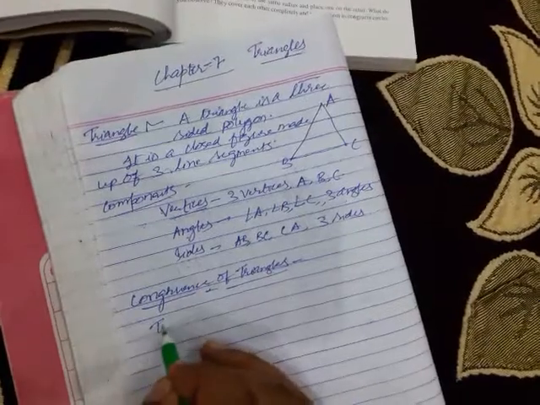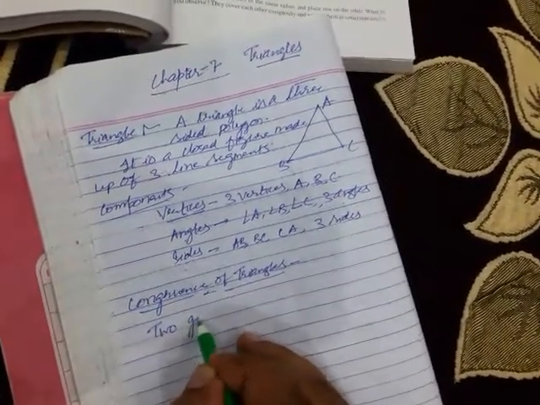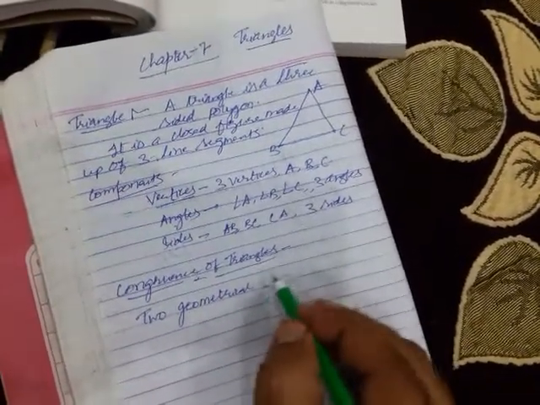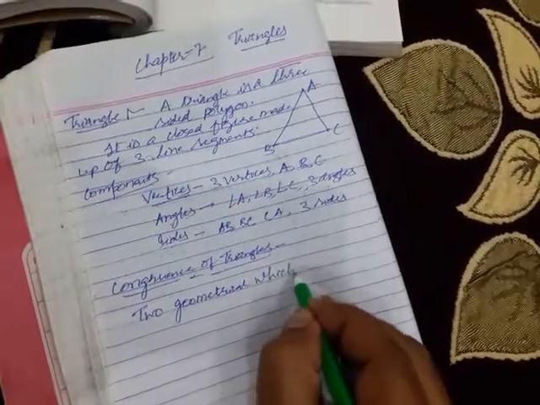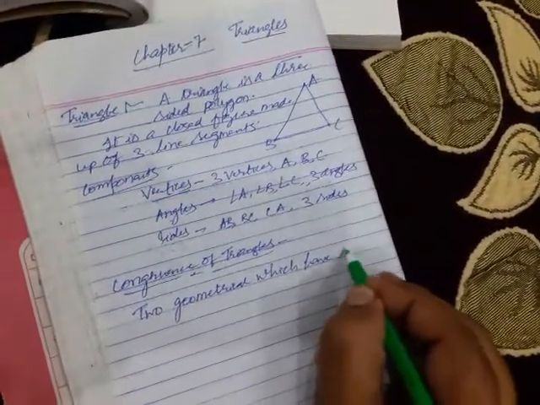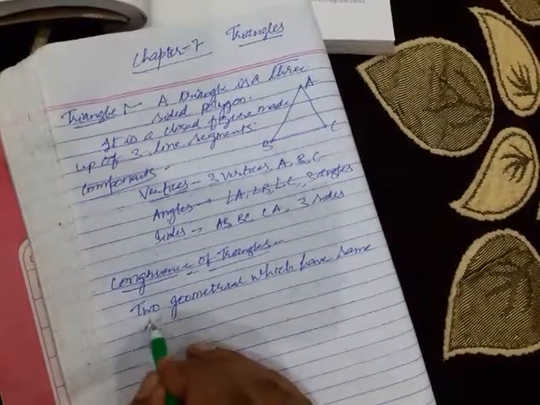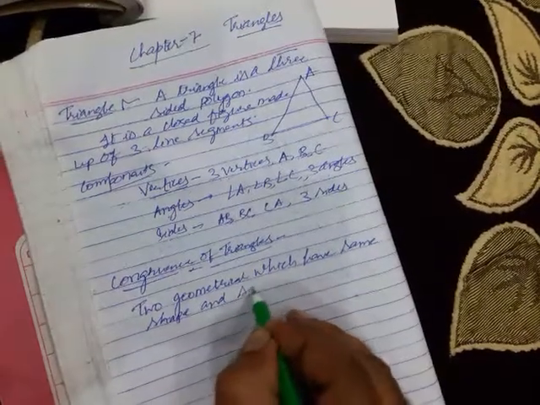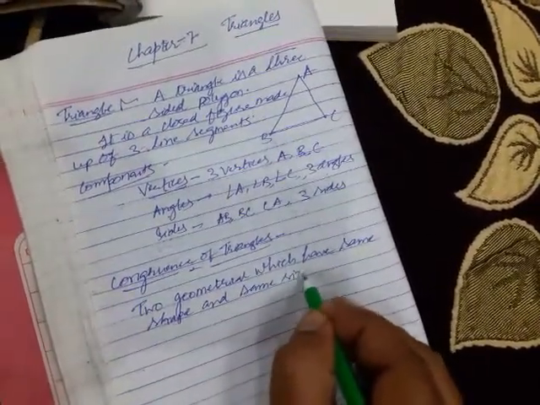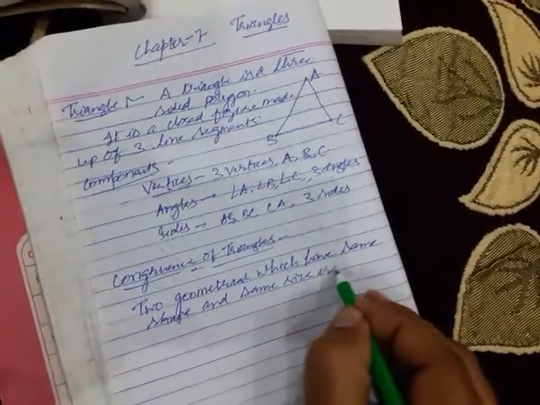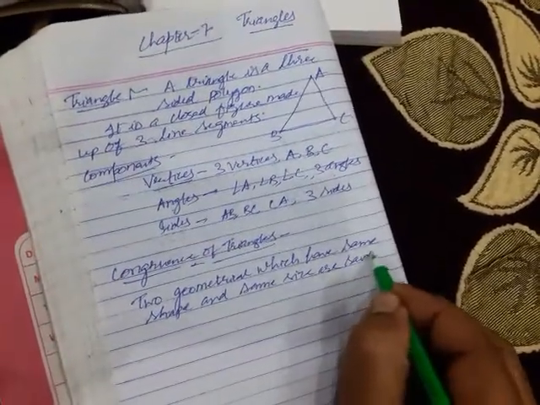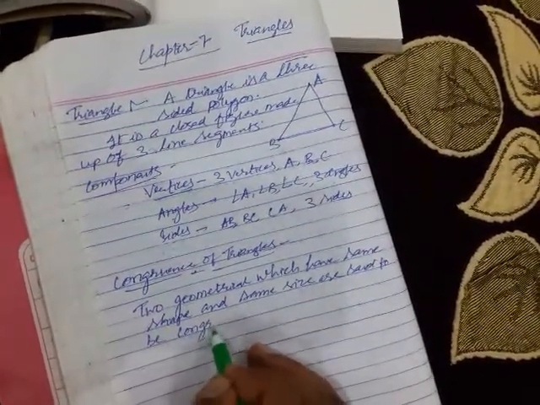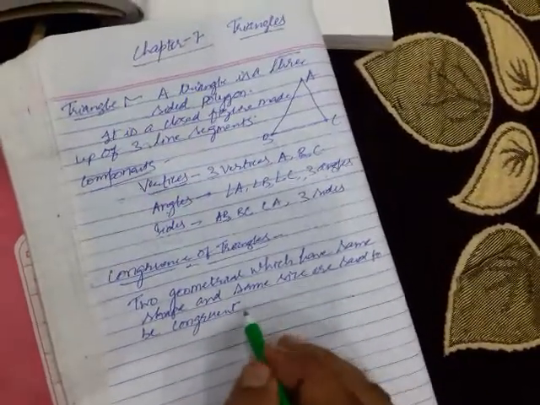Two geometrical figures which have the same shape and same size are said to be congruent to each other.